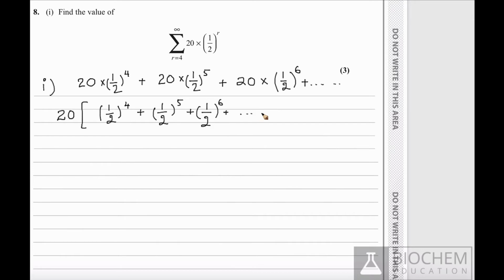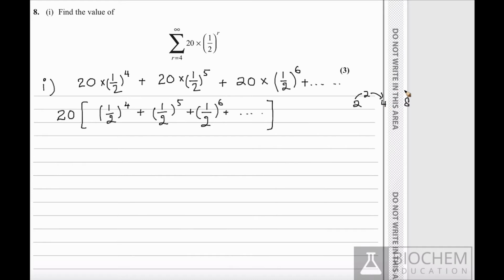It continues up to infinity. The terms inside the square brackets form a geometric sequence. A geometric sequence is, for example, 2, 4, 8, where each term, when multiplied by a number, in this case 2, gets you to the next term.